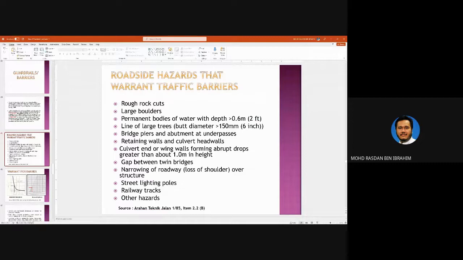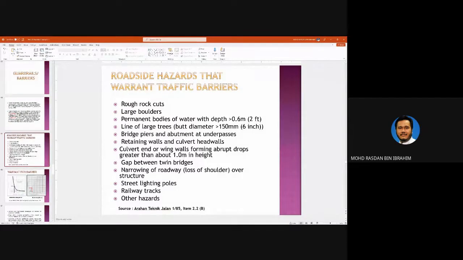So you need to have guardrails protecting that pier. But, wait, I need to find the pictures. No pictures. It's difficult to explain without pictures. Okay, never mind, I'll try.